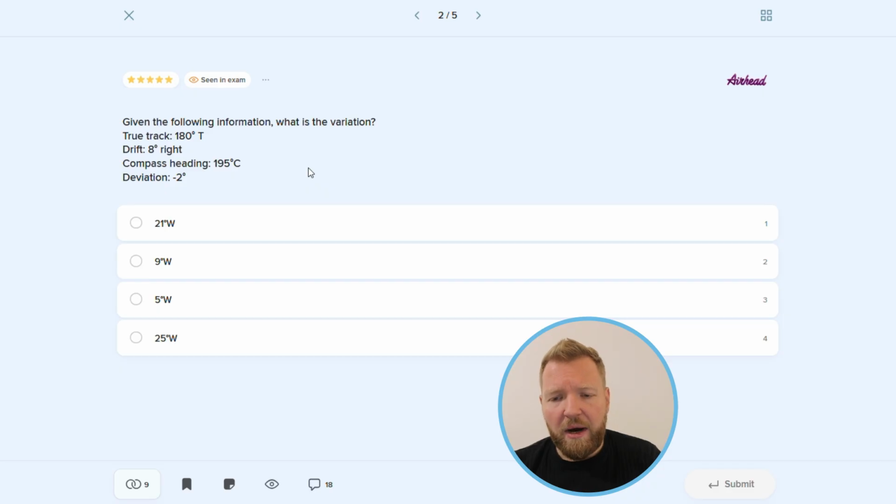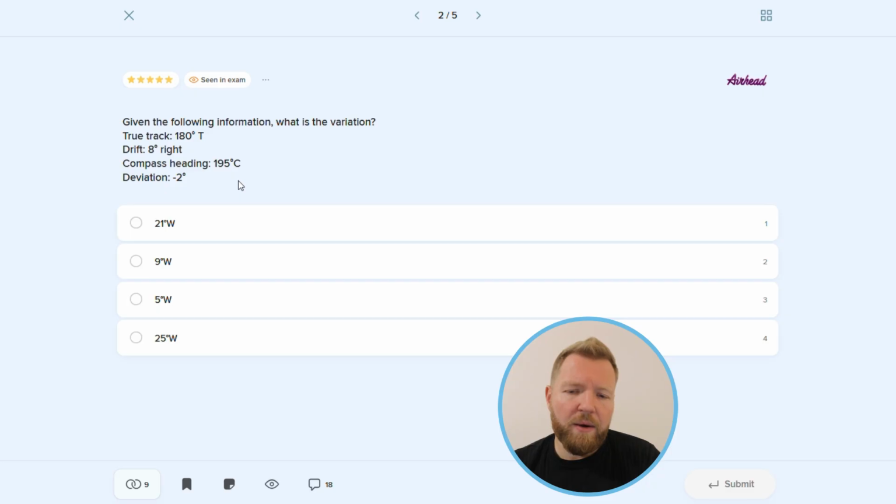If you can, I would recommend you to make now a small table and write down on the paper CDMVT and below each letter the appropriate value. So compass heading is 195 degrees, deviation -2, so the magnetic heading will be 193 degrees.